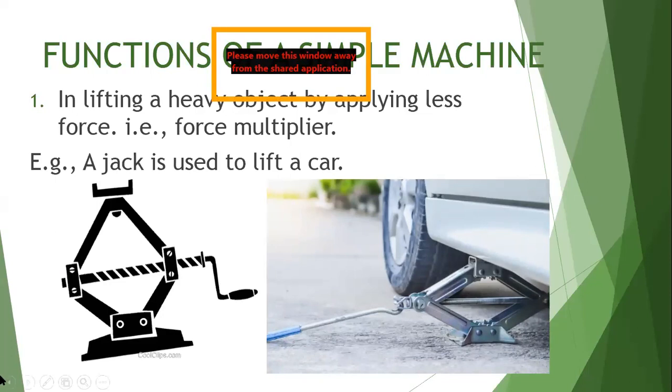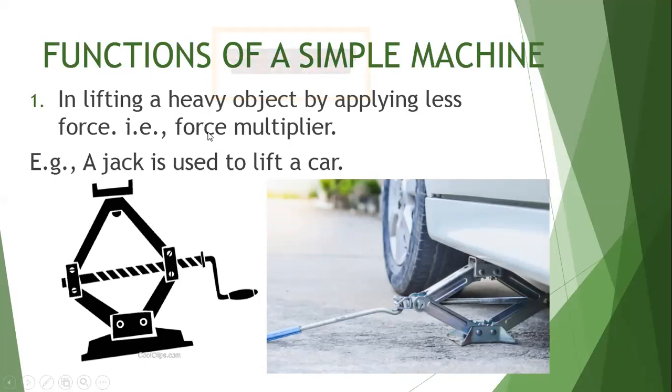And what happens by using the jack, which is acting as a machine here, we can apply less force on the handle, and you find that the car is being lifted. So here you will find that we are lifting heavy objects. We are lifting heavy objects by applying less force.